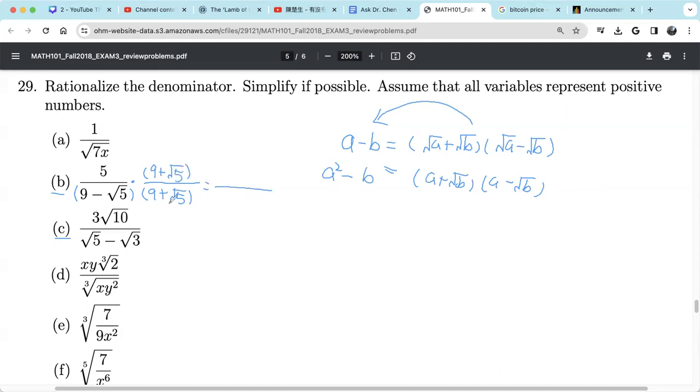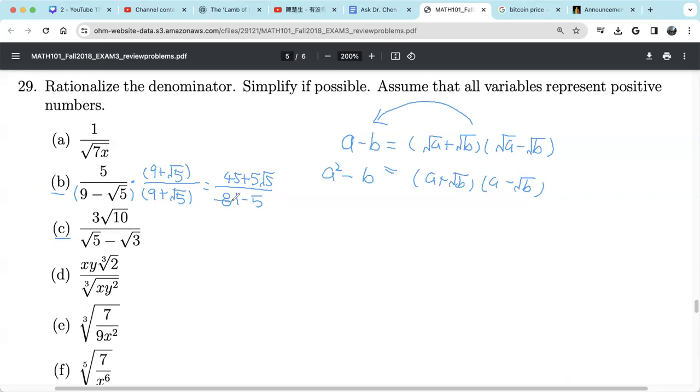Right, so the denominator gives me A squared, which is 9 squared, which is 81, minus radical 5 squared, which is just 5. Now you see no more radical signs. So through using this property, we have rationalized the denominator. And the numerator will have 5 times 9, 45. Then 5 times radical 5, that's just 5 radical 5.